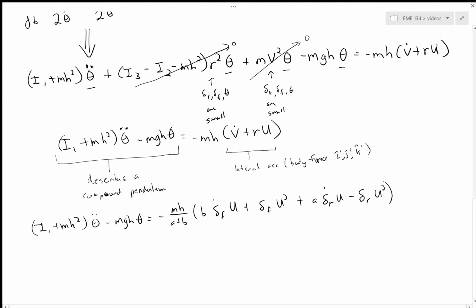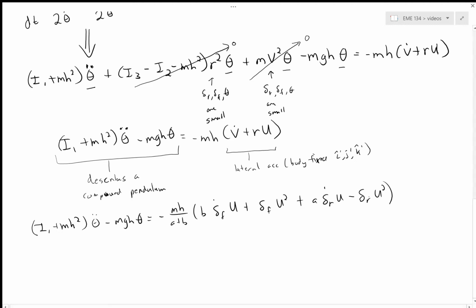So given a specified front or rear steer angle, we could then specify its derivative. And given both of those, we can then calculate what kind of torque is acting on this system to control the roll angle, right?